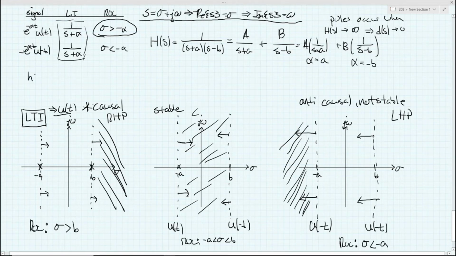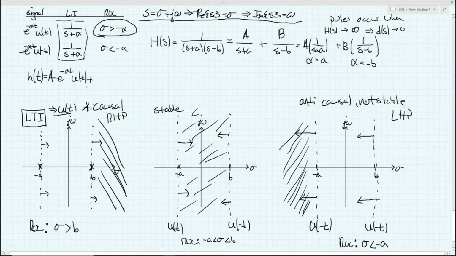So when I take the Laplace transform, and we'll do it for the causal one first. All right, so when I take the inverse Laplace transform of this, I'm going to have a, and I take the inverse Laplace transform of 1 over s plus a, and that looks identical to this with the substitution of alpha, but I get e to the negative a t u of t.